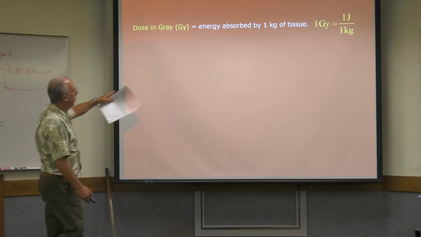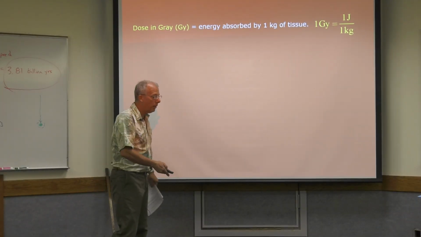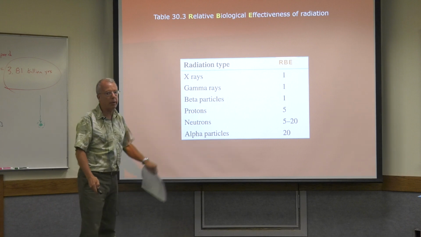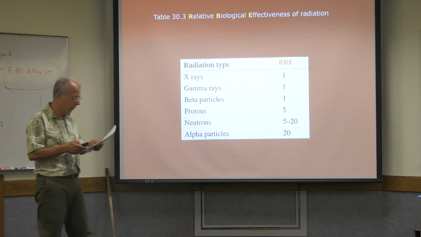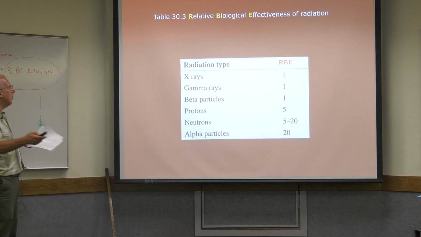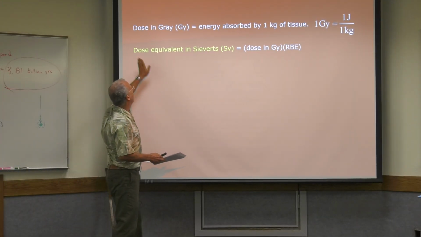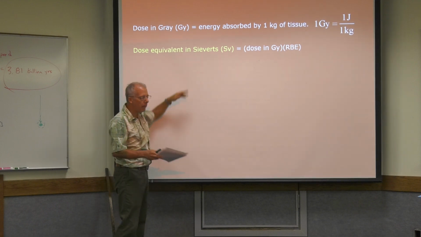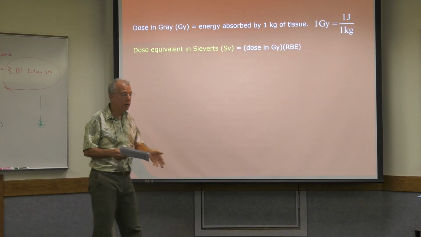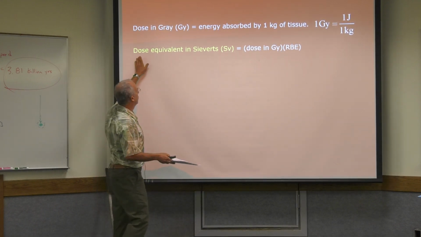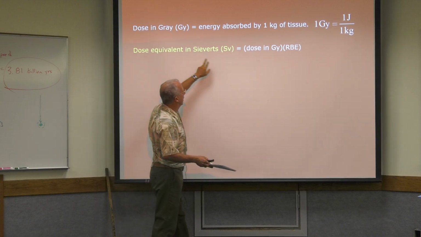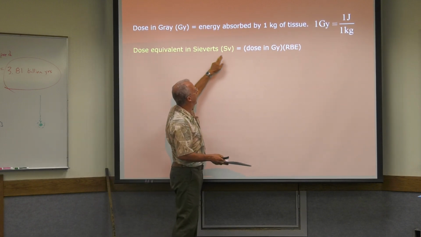Anyway, what's important? How much energy is absorbed is important, but this is also important. So you really have to incorporate both factors. How do you do that? They invented something called the dose equivalent. That's a good term, right? The unit is sieverts, Sv.